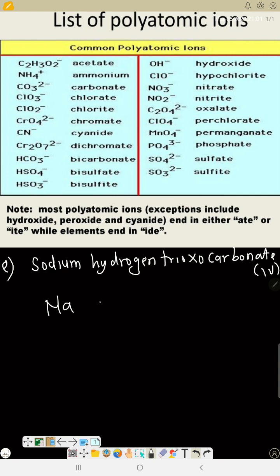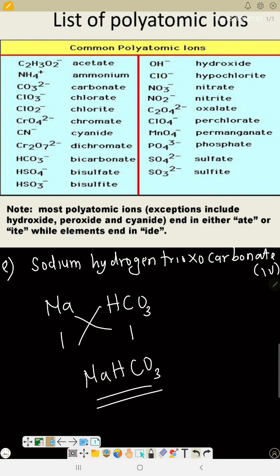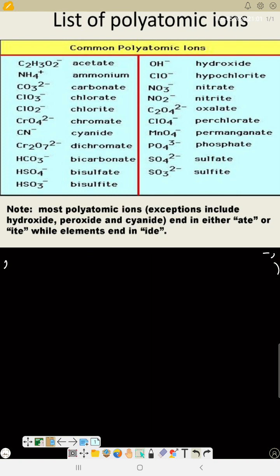Hydrogen trioxocarbonate(IV) is HCO3, or hydrogen carbonate, or bicarbonate. So this will now be sodium is 1, hydrogen carbonate is 1. So if you do crisscross, this is NaHCO3, like that. Let's see another one.